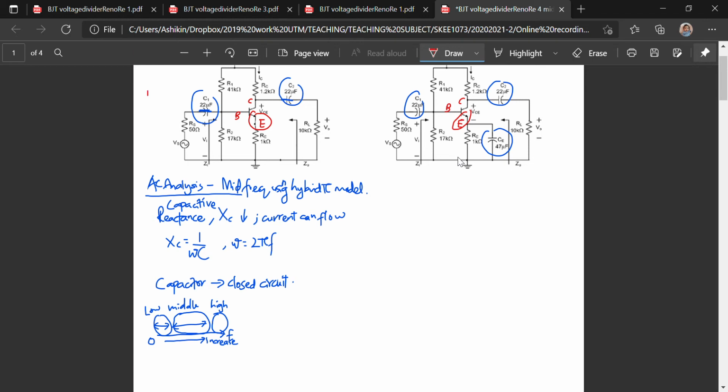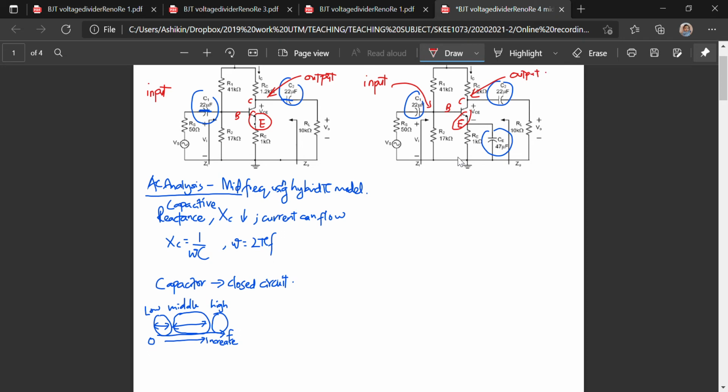Here the input is at the base and the output is at the collector. Same for circuit number 2. The input is connected to the base terminal, over here, and the output is at the collector.